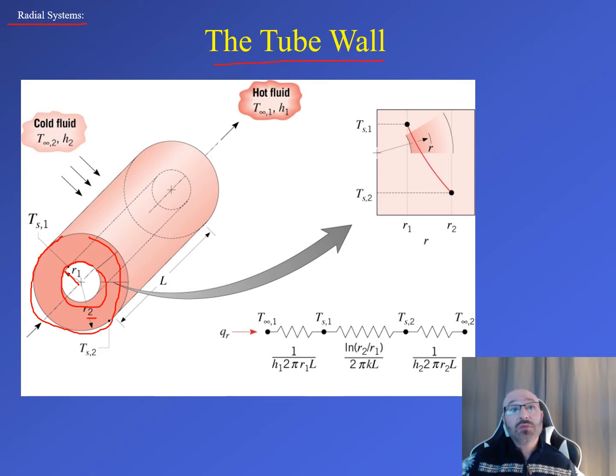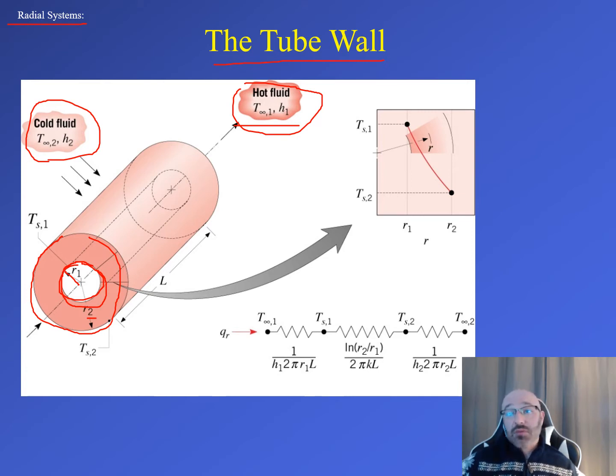We have this hot fluid with properties T infinity 1, H1, going through the center of the tube with radius R1. On the outside, we have the cold fluid with a temperature of T infinity 2 and an H2 value for convection on the outside of the tube.